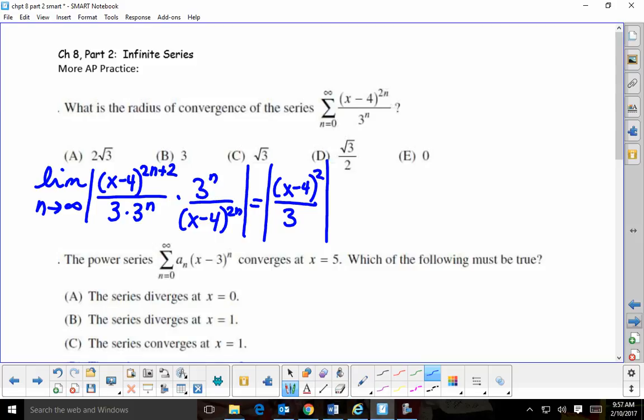With your limit, you want to check your limit. So I got the quantity of x minus 4 squared over 3 for my limit.